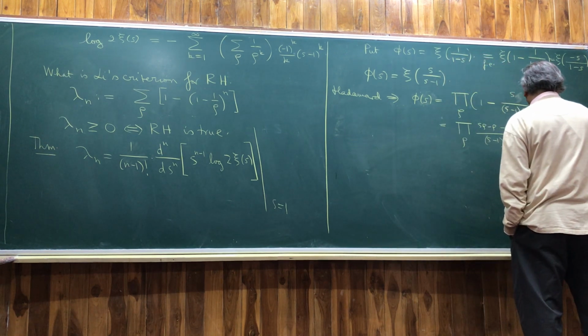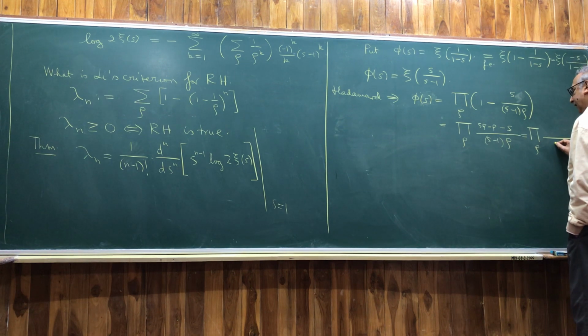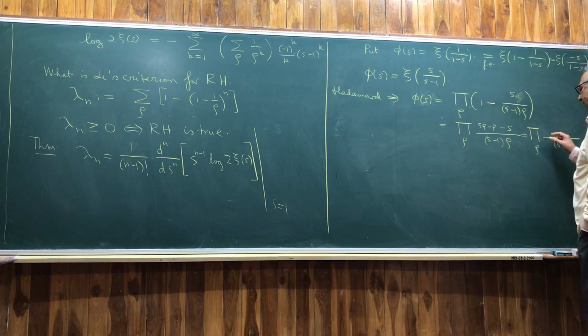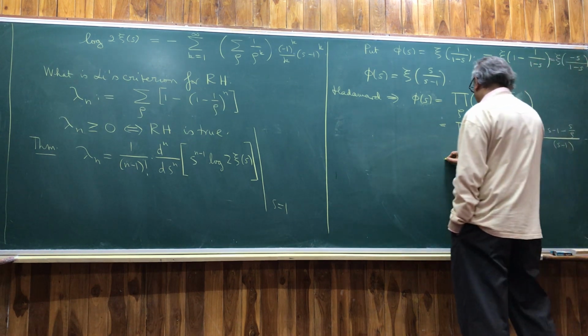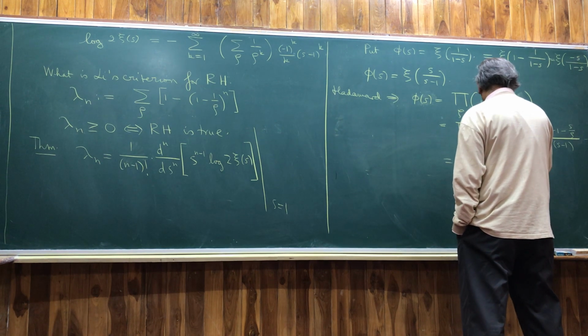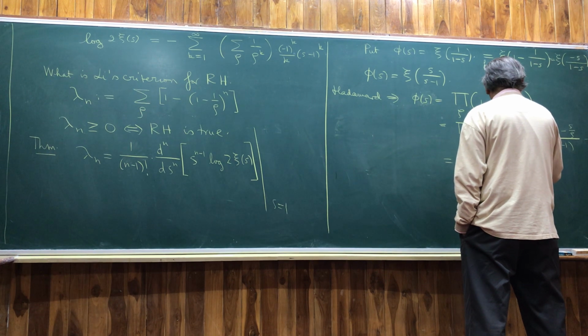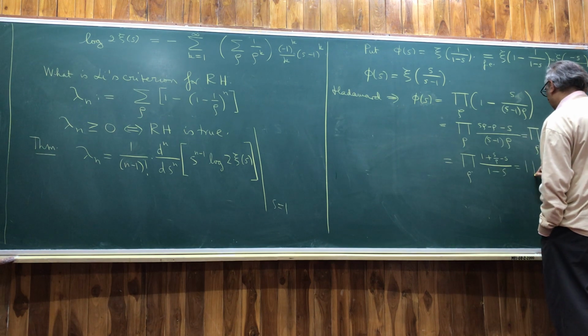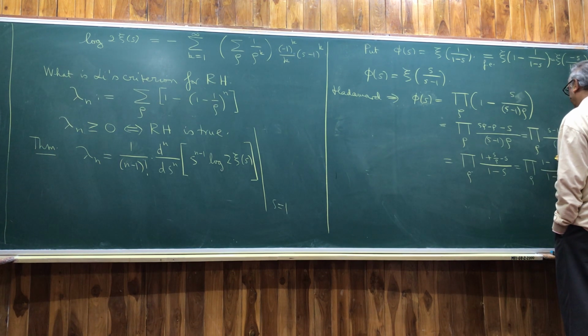And we divide top and bottom by rho, and we get s minus 1 in the denominator, and s minus 1 minus s over rho, and changing the signs, top and bottom, we get 1 minus s, 1 plus s over rho, minus s, which gives me the product over rho of 1 minus s, 1 minus s, 1 minus 1 over rho.